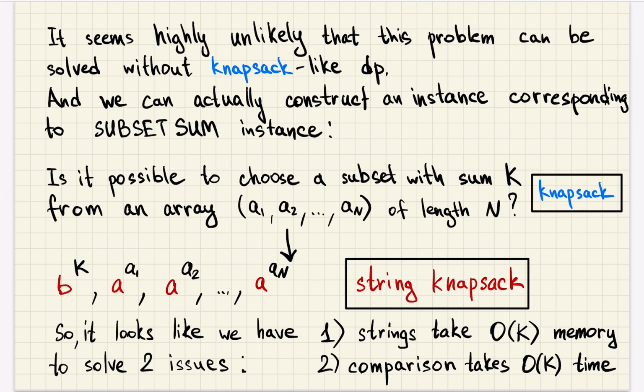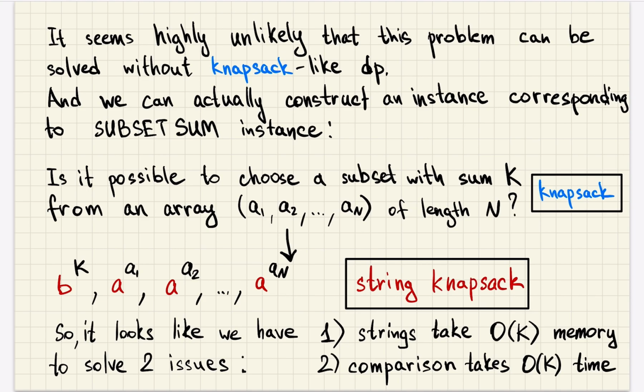So solving our problem cannot be easier than solving this subset sum instance. So it looks like we have to do knapsack, and it looks like we have to do this DP we described earlier.